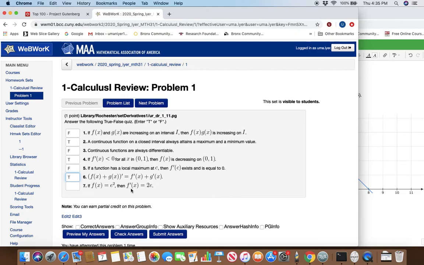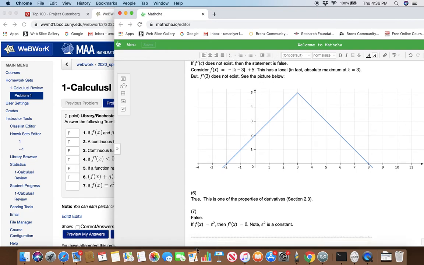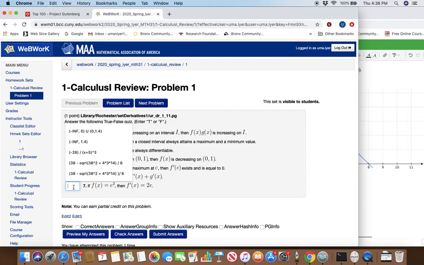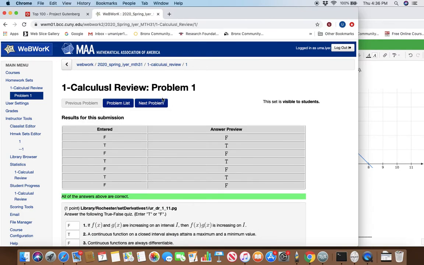It means the derivative with respect to x. x is my variable, not e. In other words, this quantity e squared is a constant, so its derivative should be 0. If f(x) is e squared, then the derivative of f(x) has to be 0. e squared is a constant. So the claim here is false. All right, everything is correct.